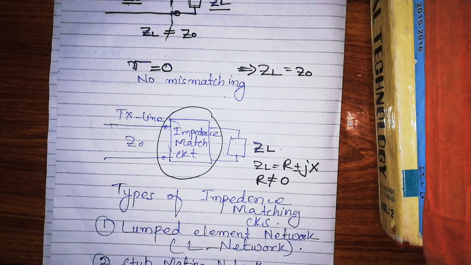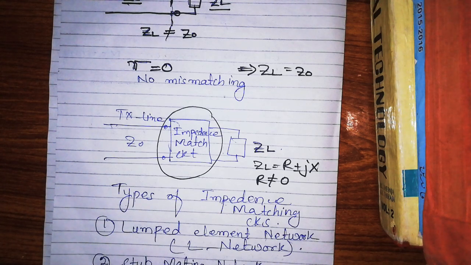So in different scenarios, how to implement these impedance matching circuits, and which one will be the best option. And of course, the fourth factor is adjustability. If you have a load which is variable, in such a case, which type of impedance matching circuit is flexible enough to match that variable load.